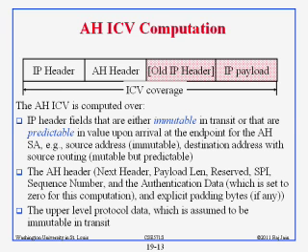So the upper layer protocols, data which is assumed to be immutable in transit, all that is covered, right? Now, one of the homeworks at the end of this lecture is for you to look at all the IP fields and classify them into these three: immutable, predictable and unpredictable. Okay, so it's important that you understand what these three things mean. Is it clear what immutable means and what predictable and unpredictable mean?